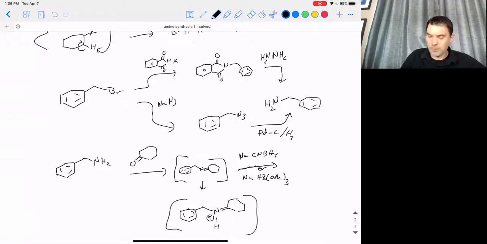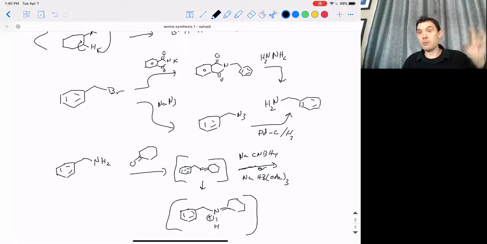The iminium ion is much more electrophilic than the imine, so it tends to be the actual intermediate that's reduced by these weaker, much more selective reducing agents, sodium cyanoborohydride and sodium triacetoxyborohydride. Because of the unique chemoselectivity offered by these very mild borohydride reagents, it turns out to be really great to do this reductive amination.